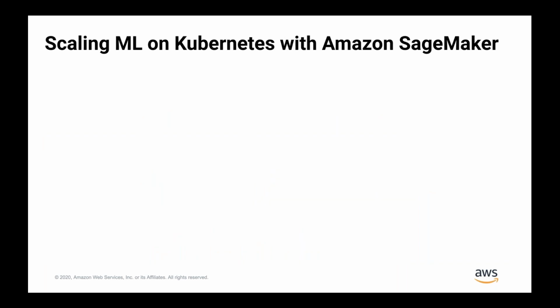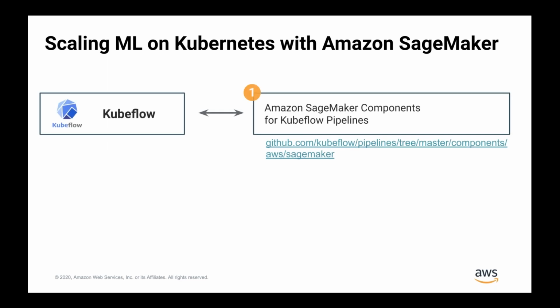So in terms of the integrations that we created for SageMaker into the open source platforms, you have two flavors. First is Kubeflow, and specifically it's SageMaker components for Kubeflow pipelines. If you're familiar with Kubeflow, there's the idea of components which you can construct. And with Kubeflow pipeline components, you essentially can route portions of your pipeline to execute on SageMaker rather than running on your existing Kubernetes environment.